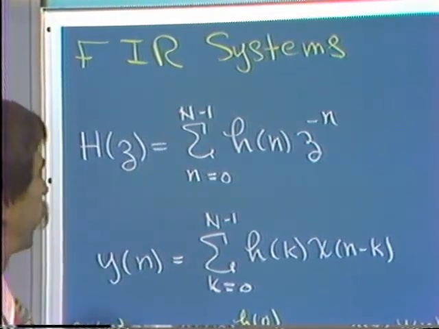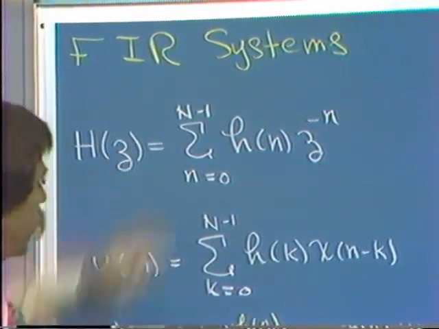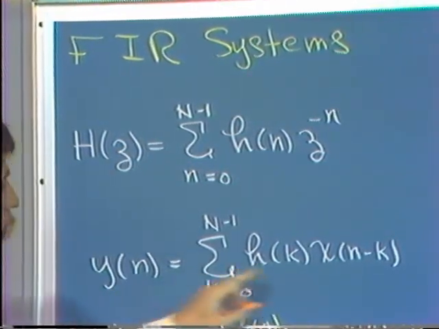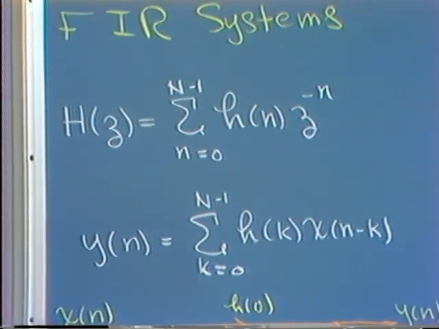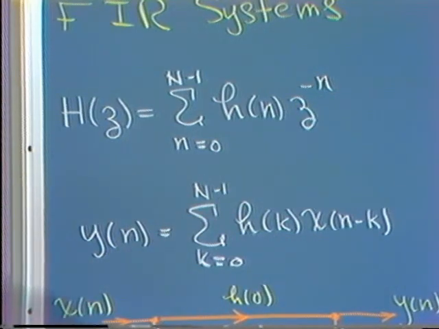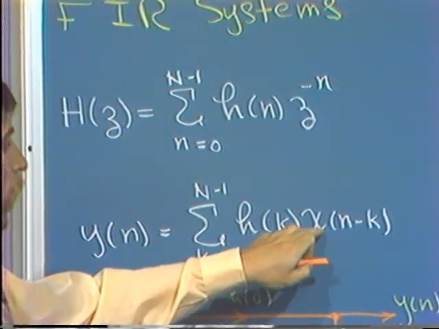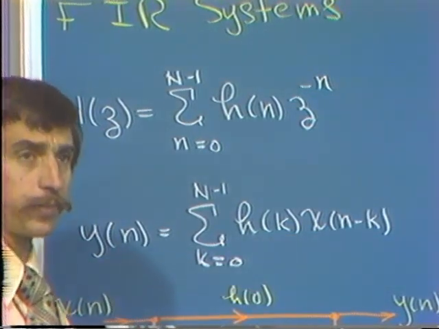So the system function in general for a finite impulse response system is of this form, and the difference equation for the system is of the form of a sum from k equals 0 to capital N minus 1 of h of k, the unit sample response, x of n minus k.